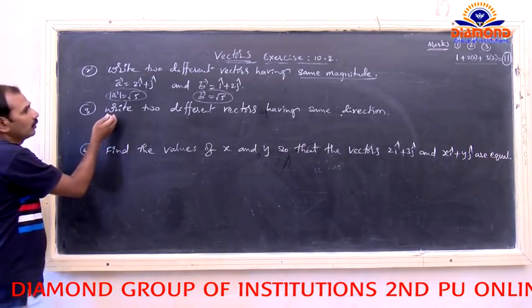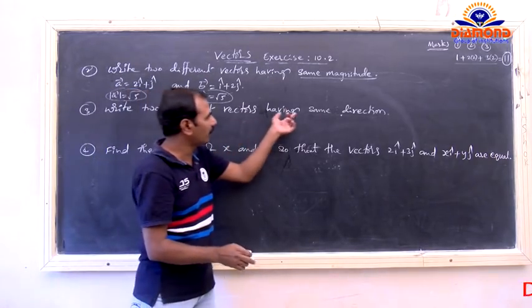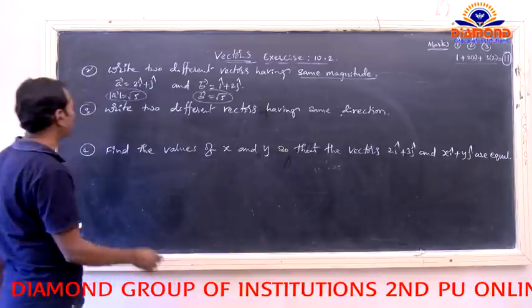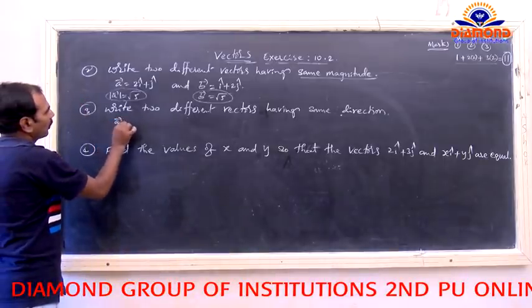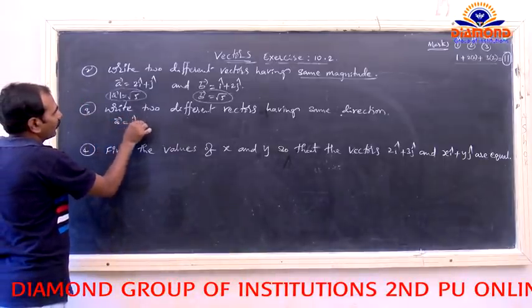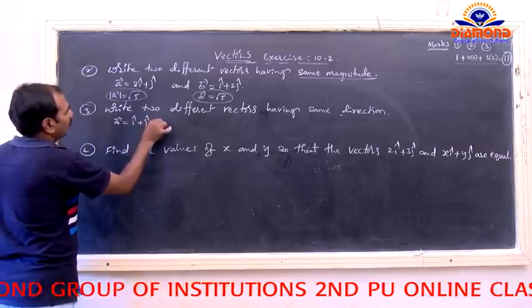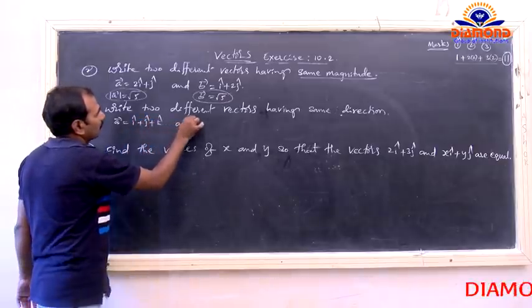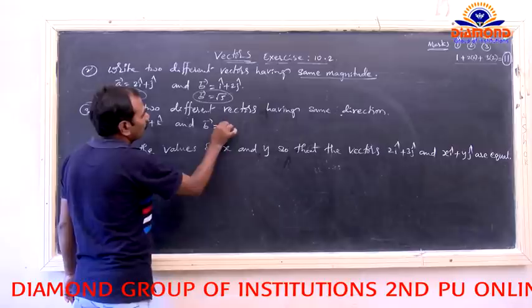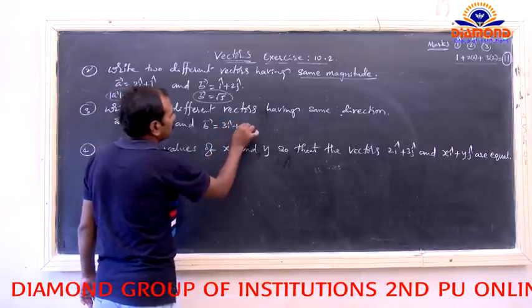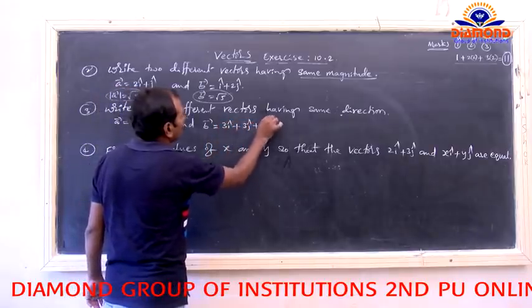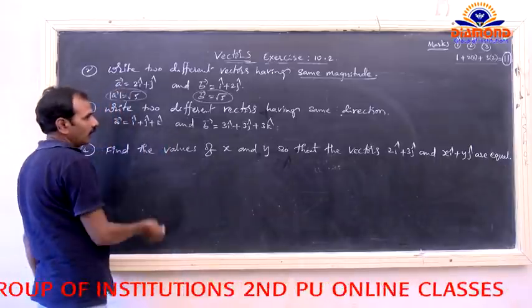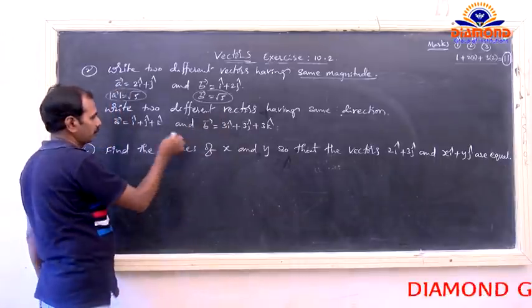Next, here write two different vectors having same direction. Same direction means A bar equal to i cap plus j cap plus k cap and B bar equal to 3 i cap plus 3 j cap plus 3 k cap. So collinear vectors have same direction.